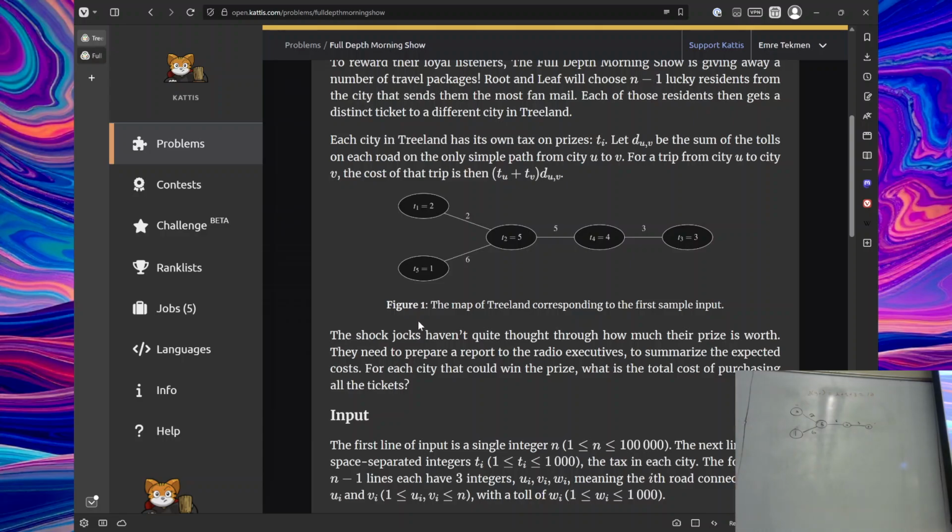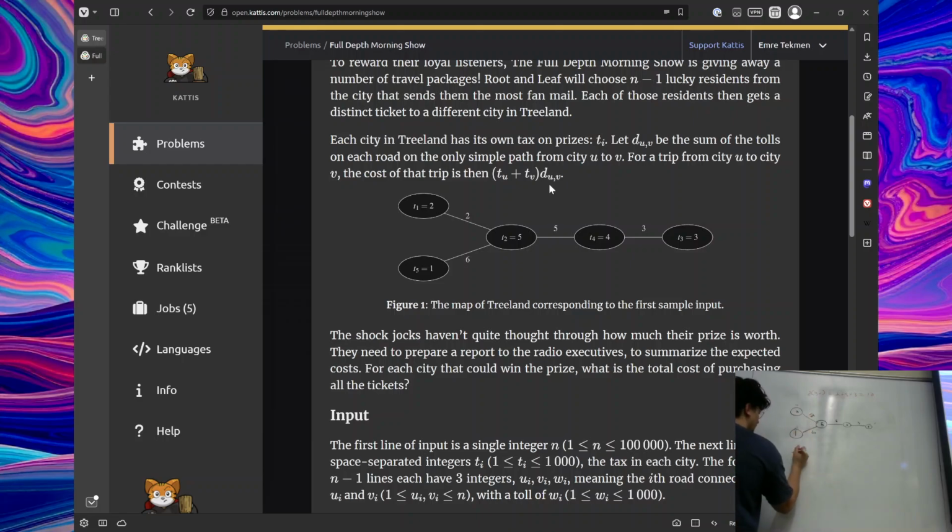That's just the definition of that. So then, for a trip from city u to city v, the cost of that trip is the tax at the starting point plus the tax at the ending point, times the distance between the two, right? That should make sense, right? So the total, what do we call this?